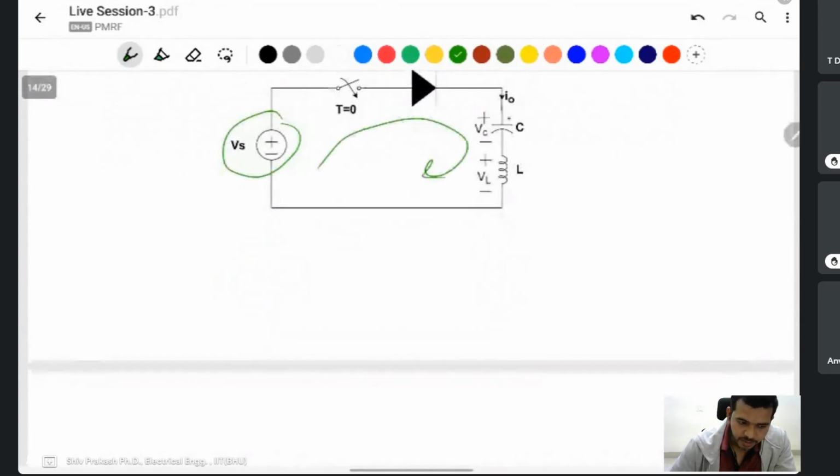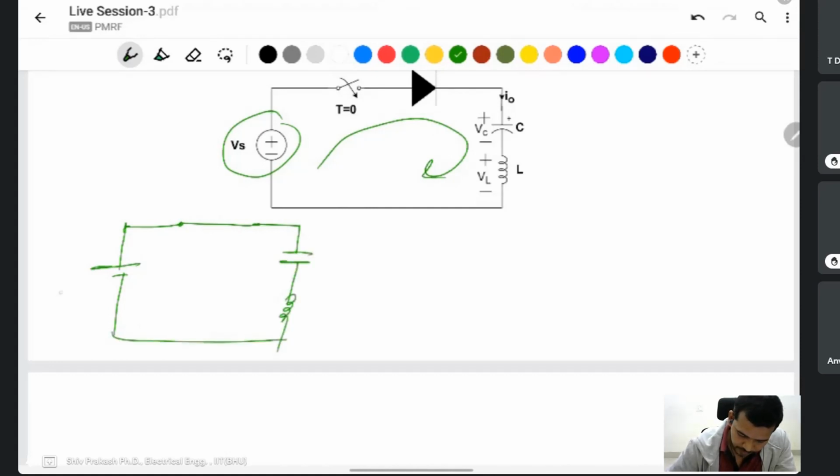Same thing applies when t is equal to 0, and all initial conditions are 0. Then the circuit behaves like that. Through the source, C and L, the current will flow like this.